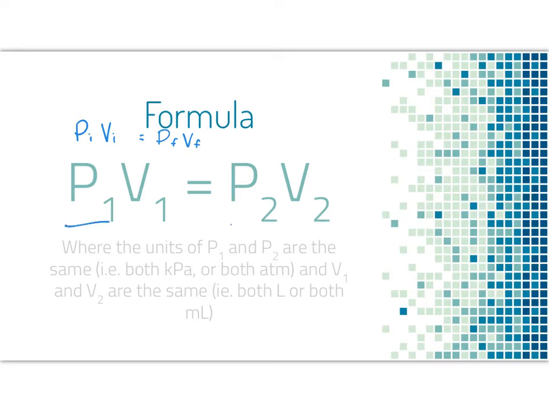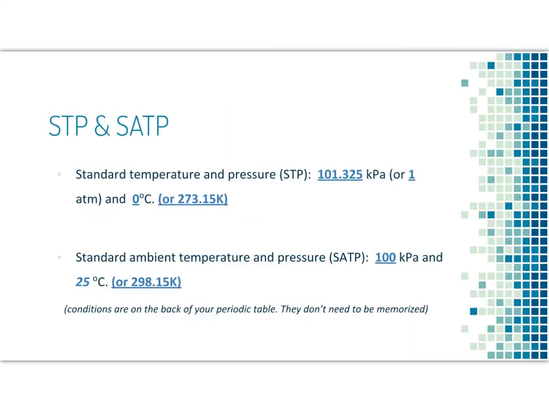So this is where our conversions may come in handy. So if P1 is in kPa, P2 must be in kPa as well. V1 and V2 must also have the same units. So if we're measuring V1 in milliliters, V2 must also be measured in milliliters. So just make sure that whatever you put in for pressures or volumes have the same units.